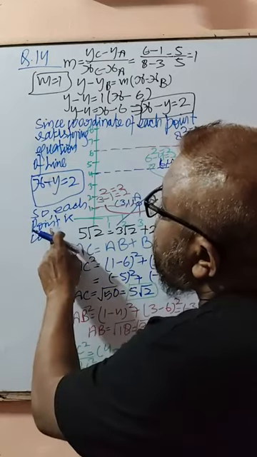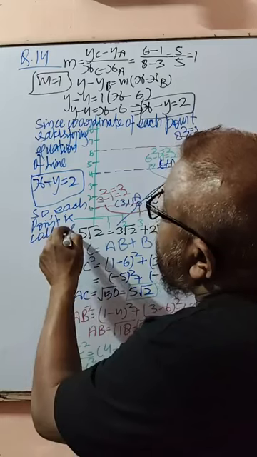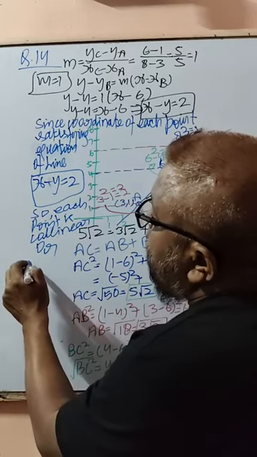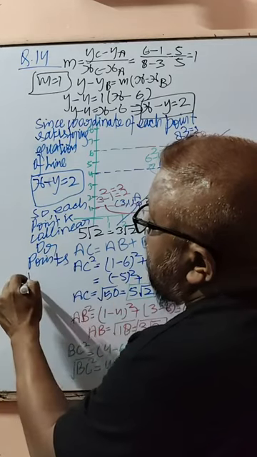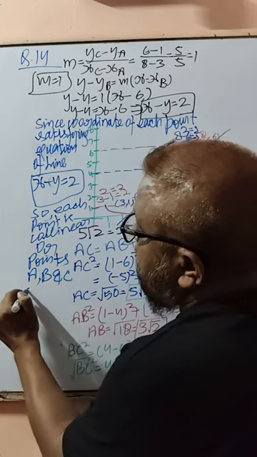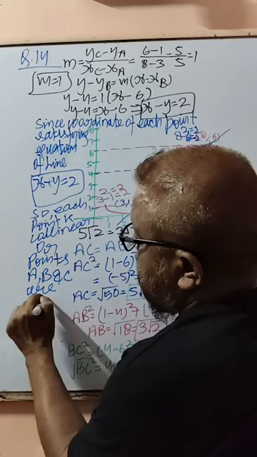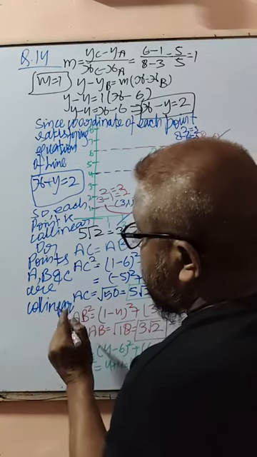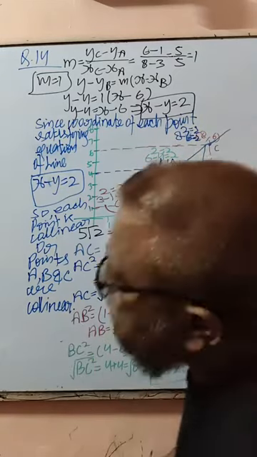What is spelling of collinear? ठीक है, collinear, right? और points A, B and C are collinear. Right? I hope you understand.